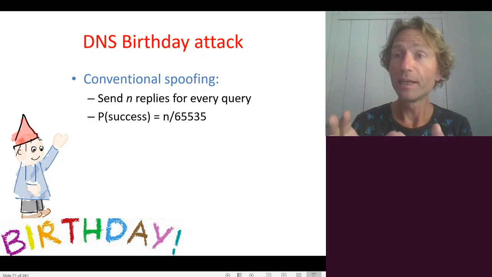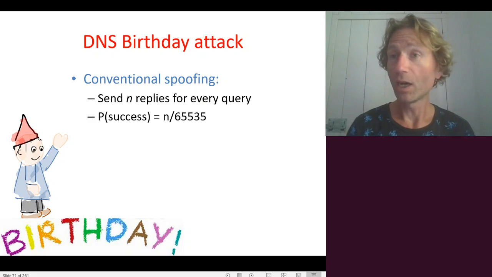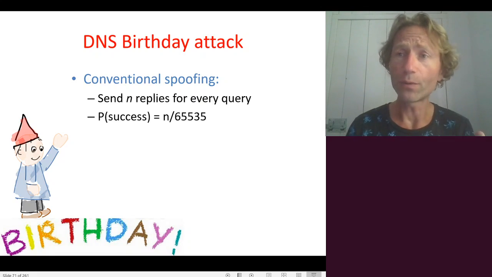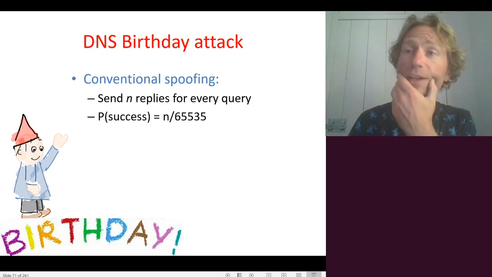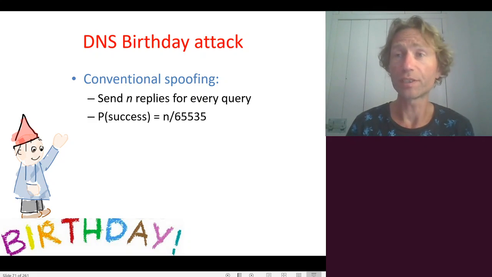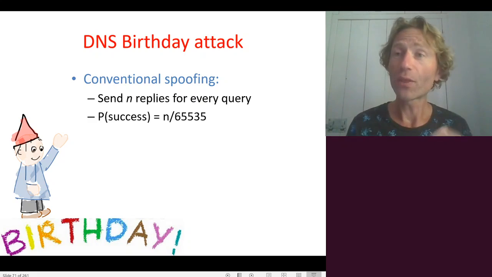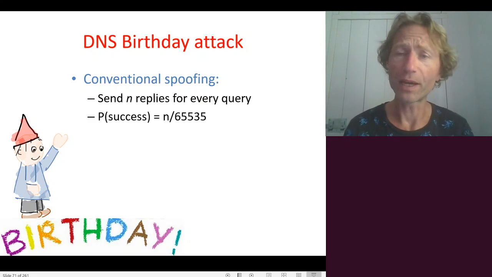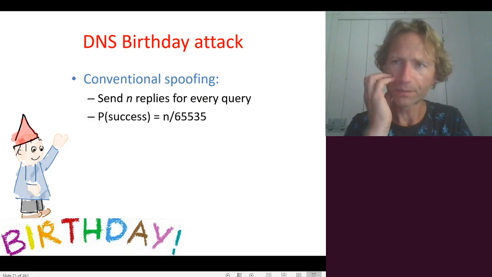So if we send 10 replies, the probability of us getting the right query ID is only 10 over 65,000. Okay? That's not good. If we send 100, it's still only 100 over 65,000. If we send 1,000, it's still only 1,000 over 65,000 and a bit. Okay, so that's not great.